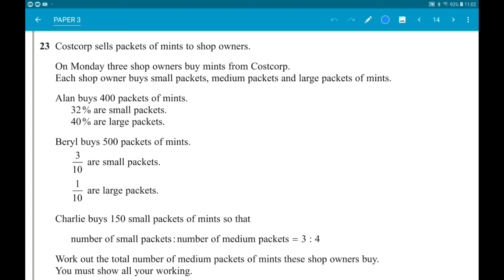Now I'm going to skip ahead a little bit. We are asked to work out the total number of medium packets of mints the shop owners buy. So, Alan buys 400 packets of mints. 32% are small packets, 40% are large packets.